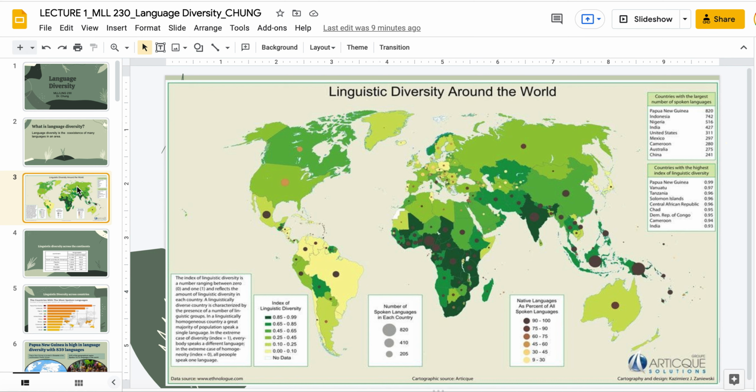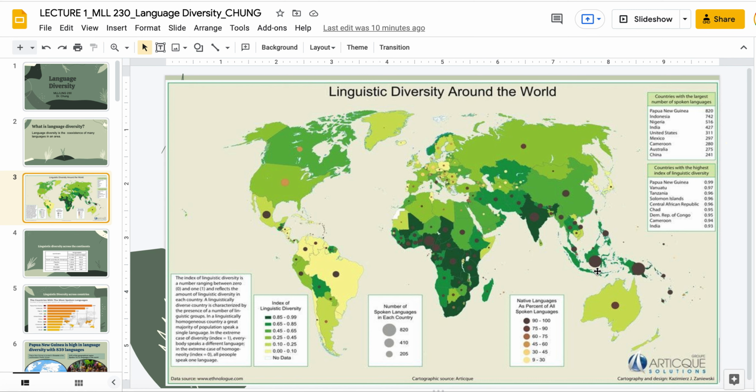So in this map from Ethnologue, you'll see that languages differ from all around the world. The more green that a country is on this map, the more linguistically diverse it is. So places in Africa, for example, here you have India. There's lots of different languages that are spoken. You have here in Oceania, very diverse.